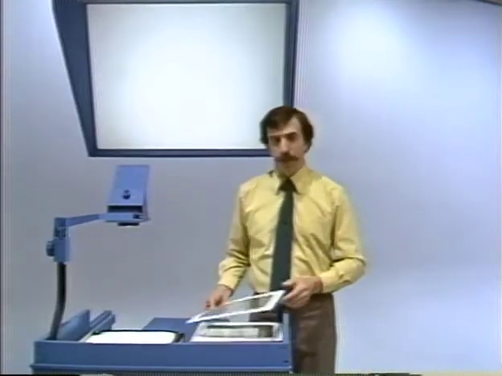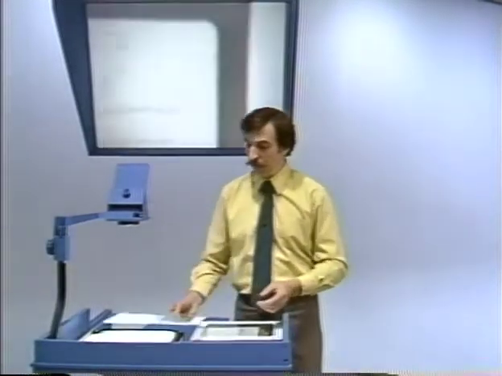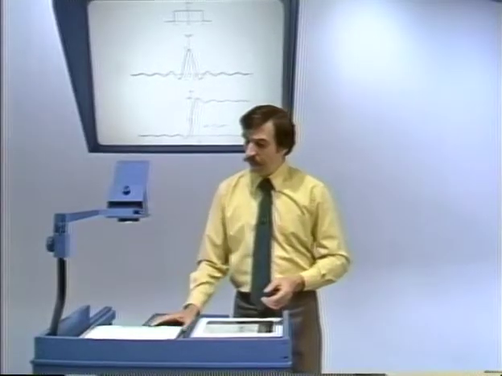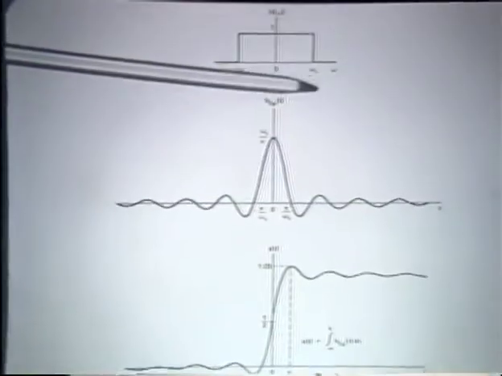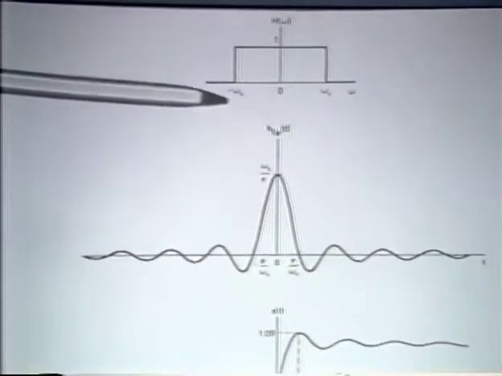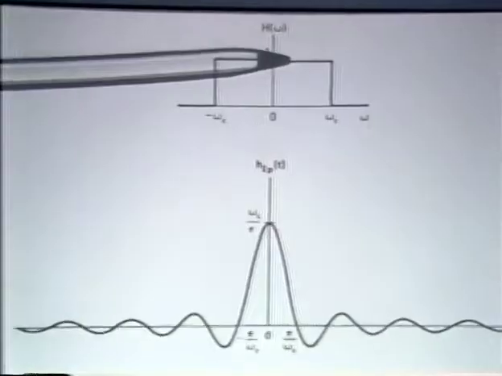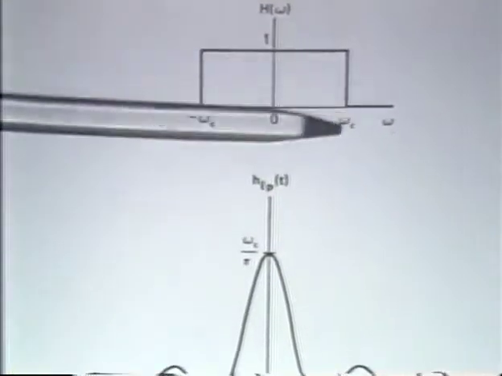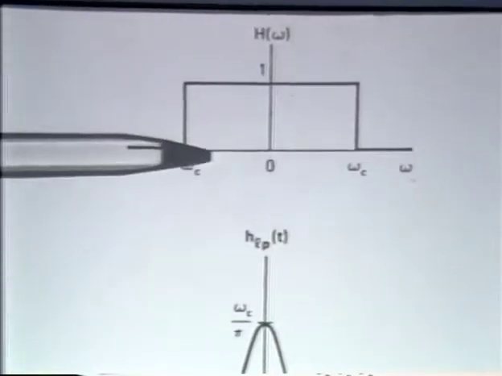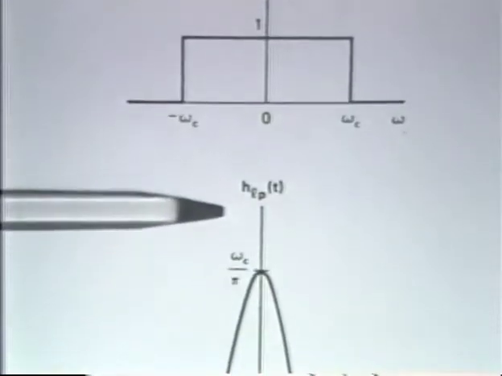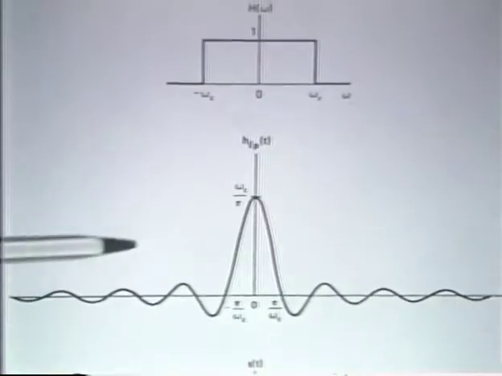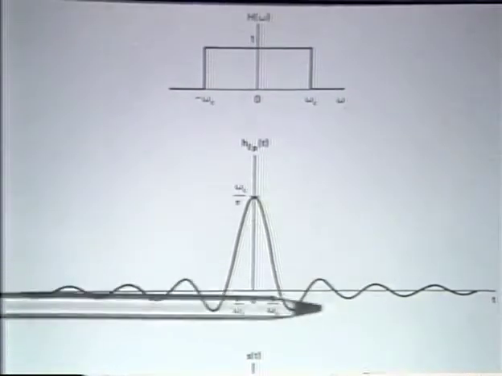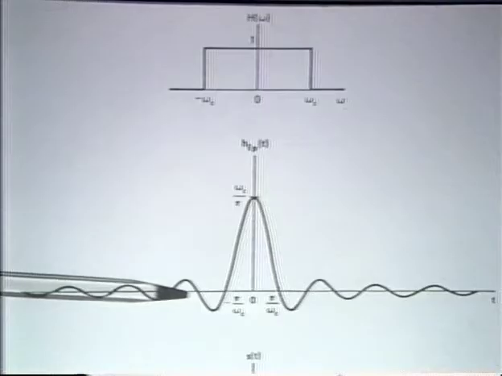Now, let's look at these ideal filters, and in particular, the ideal low-pass filter in the time domain. We have the frequency response of the ideal low-pass filter, and shown below it is the impulse response. And this, of course, is a sin x over x form of impulse response.